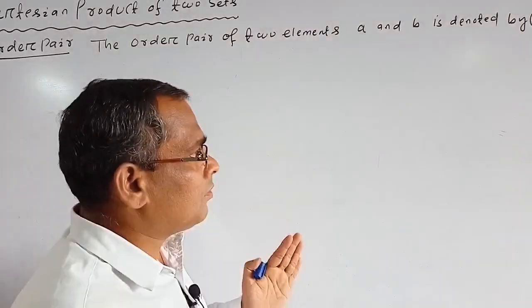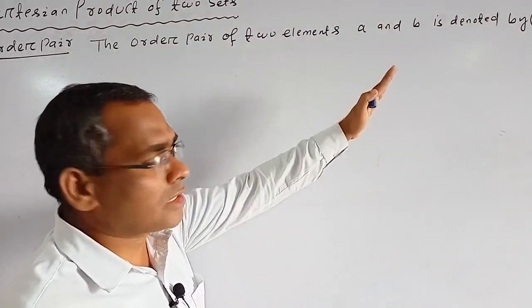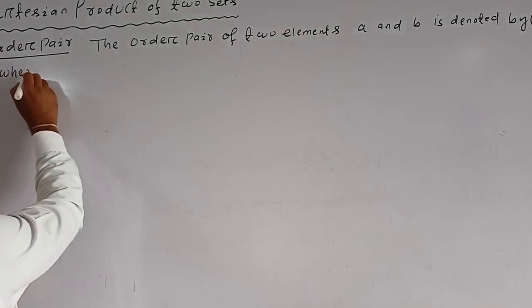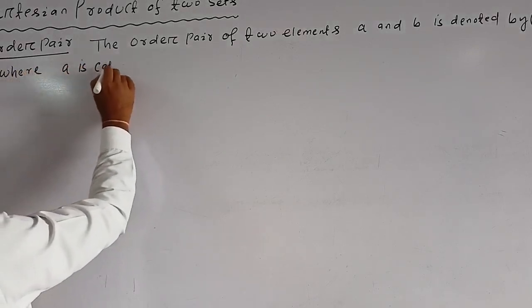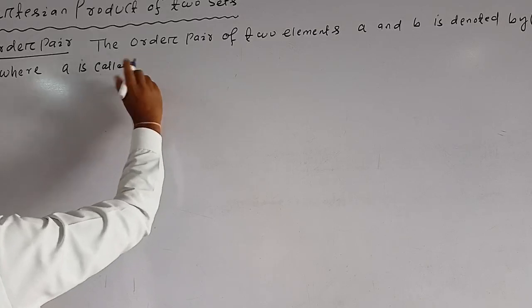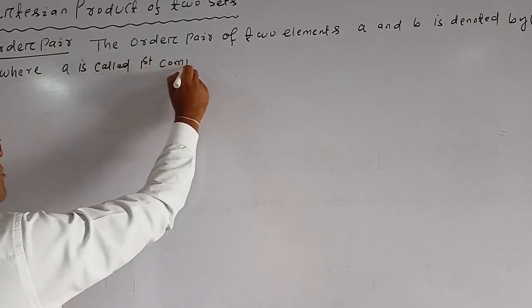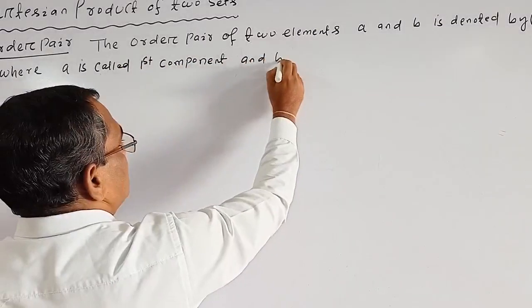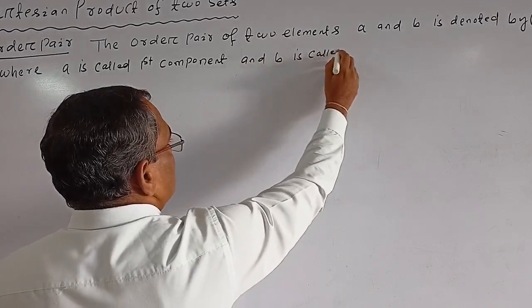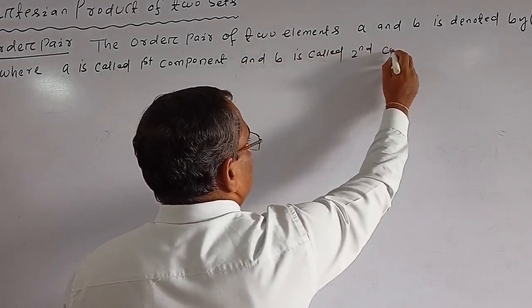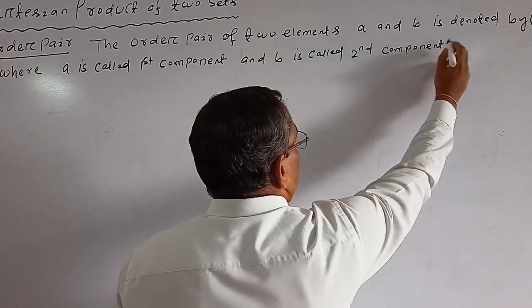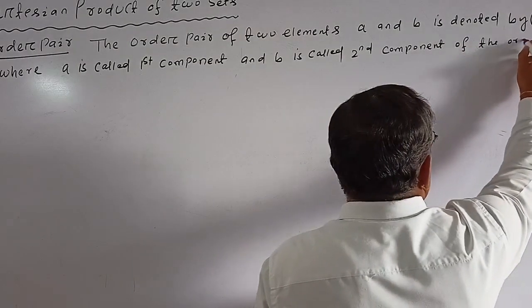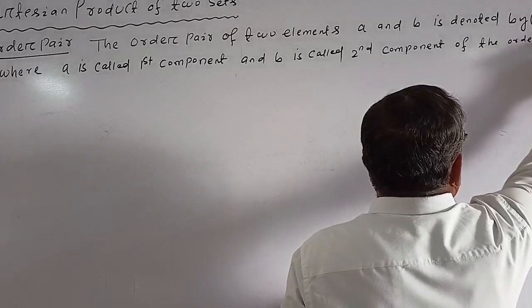So the ordered pair of two elements or two objects is represented by brackets A comma B, where A is called the first component and B is called the second component of the ordered pair.